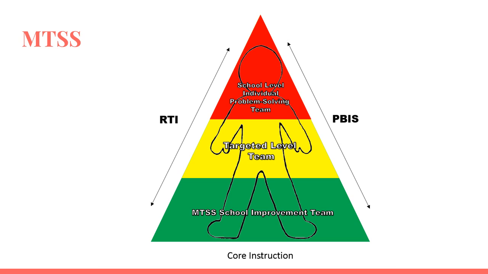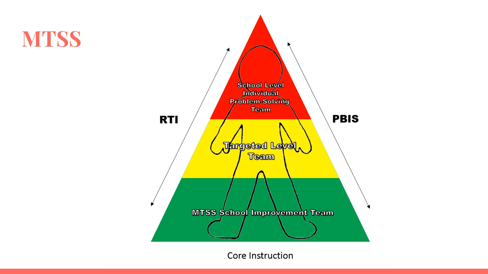Within that group, you're going to have a few more students that maybe are struggling with the standards here and there, and they need some more support. So that yellow section are those at the targeted level. You might have a team that works to provide support and extra intervention to those students to help them get on grade level or meet those standards.